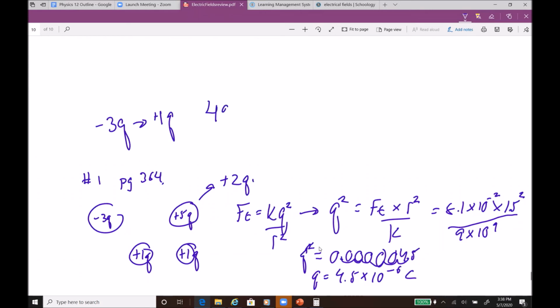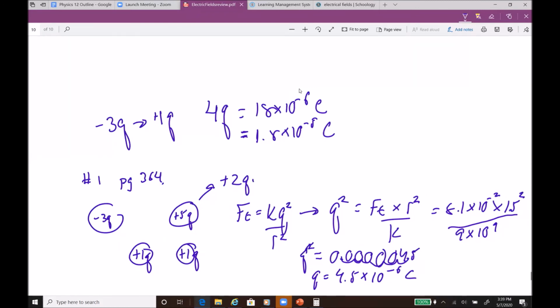So 4Q. Okay, so then that would represent 18 times 10 to the minus 6 coulombs, which is 1.8 times 10 to the minus 5.